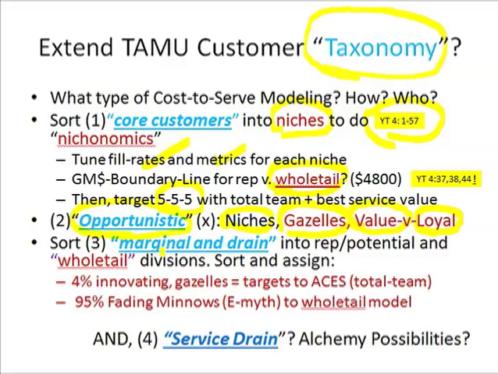The third box they have is marginal and drain customers. And there we could say, well, all right, they may be a drain, but the problem is our service model is too expensive for what they're giving us. There are plenty of distributors who sell to contractors, and these contractors walk into a counter at a distribution center and say, hi, I'd like to buy the equivalent of one AA battery.